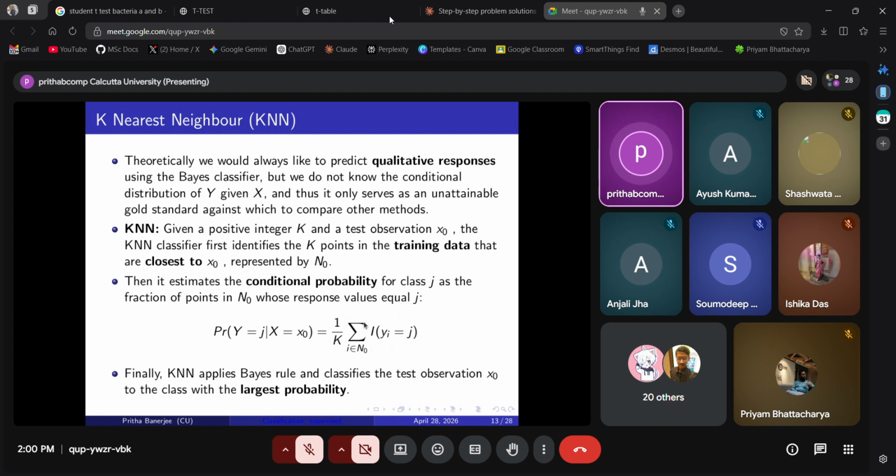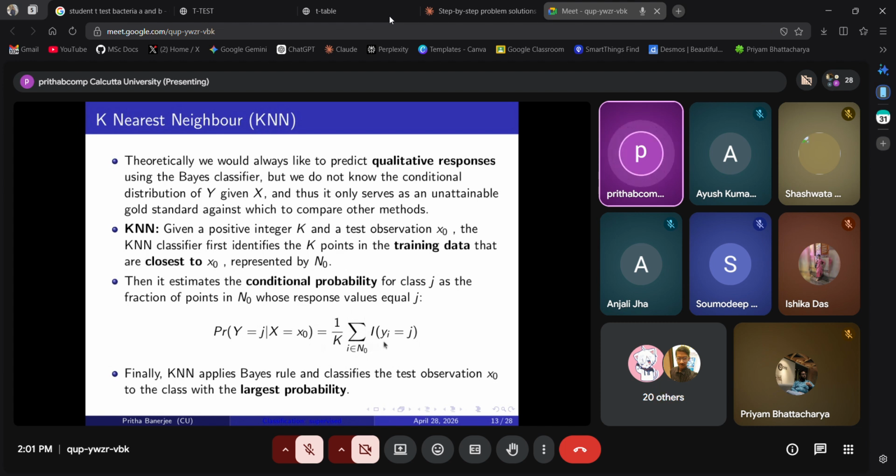This is a general rule which you can even apply for regression, for prediction purposes, even though it is not a class. You can predict real values also using this method, which is why there is an averaging. But typically for classification, we take the majority vote.